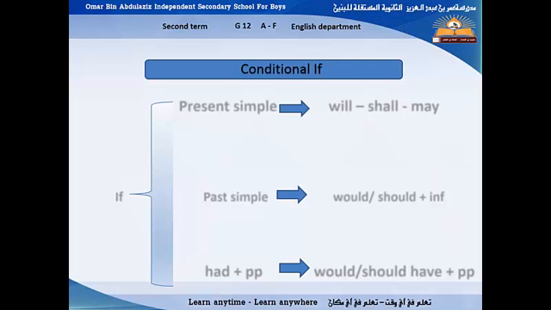In the future simple tense, you are going to use will, shall, may. And let me remind you of the present simple tense. It is formed by adding s to the verb with he, she, or it. With the rest of the pronouns, you do not add anything to the verb.